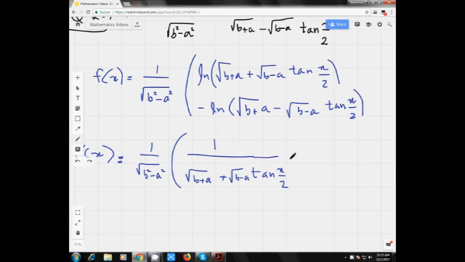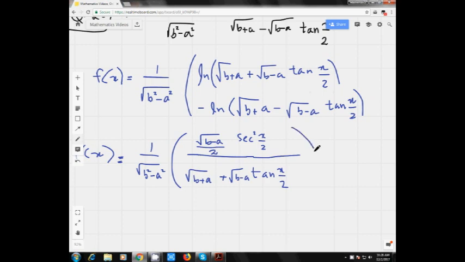The derivative of this quantity could be written at the top. The derivative of the first expression is 0 because square root b plus a is a constant, and b minus a is also constant, therefore the derivative is not applied on this constant. The derivative of tan x by 2 is secant square x by 2 and then multiplied by the derivative of x by 2, that is 1 by 2, and I will simply write it just below square root b minus a.